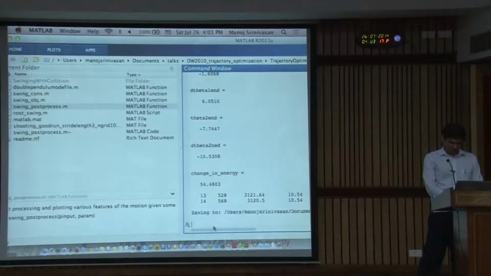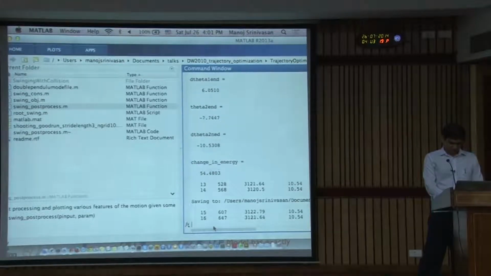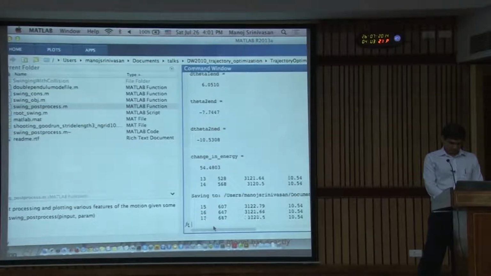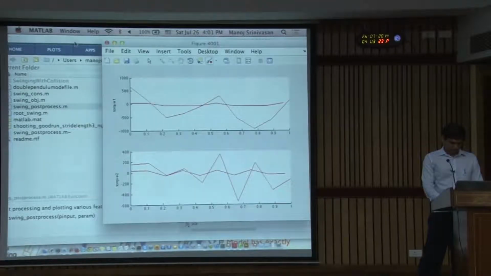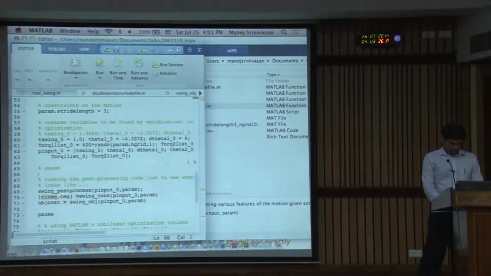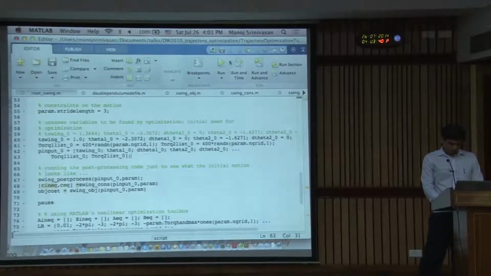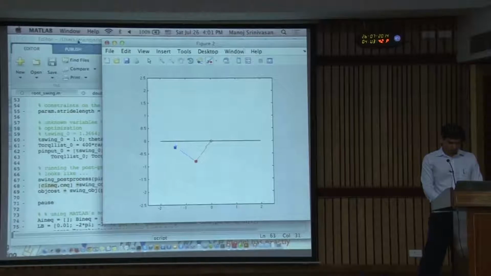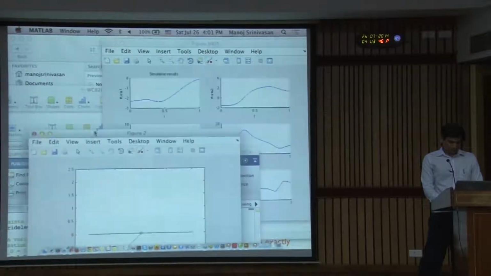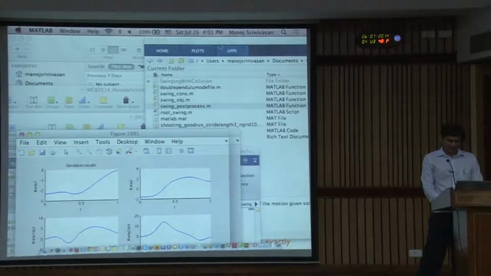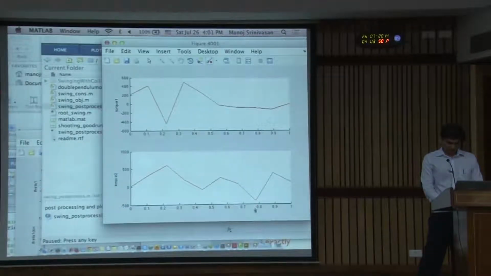Doesn't look like it's making a lot of progress here. So I think it runs for a while before it finds the optimum. I don't know if you can wait for it.